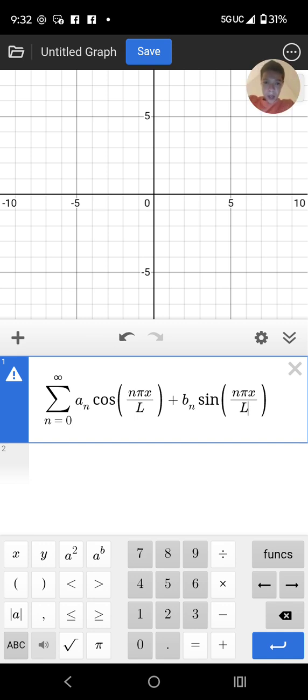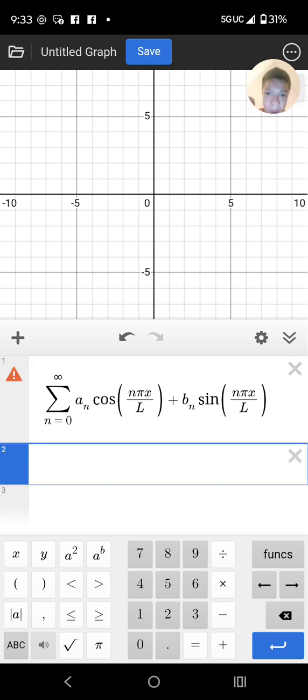So it's divided by the period of the function. The period of cosine of x over 2 is 2 pi. The period of cosine x over 3 is 3 pi. And so on. Same for sine x and tangent, but we're not going to get there. So you see that Fourier series?